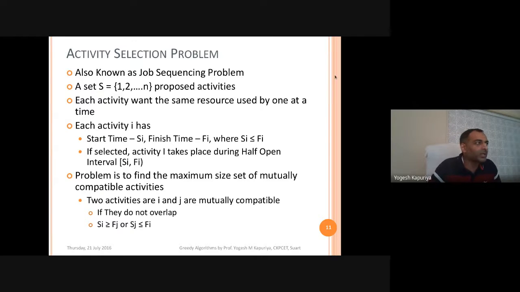Let us try to understand this, also known as the job sequencing problem. There is a set given. Set means a list, array, whatever you can say, starting from the first to the end. First means the first activity, second activity, and there are n such activities. Another constraint is that each activity wants the same resource, used by one at a time.